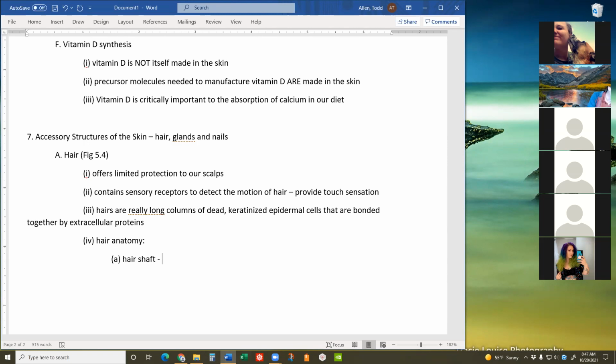You have an orangish brown colored hair shaft there. Obviously, that's artificially colored for purposes of the textbook. But you do see a hair shaft there. This is the portion of the hair that extends above the surface of the skin.